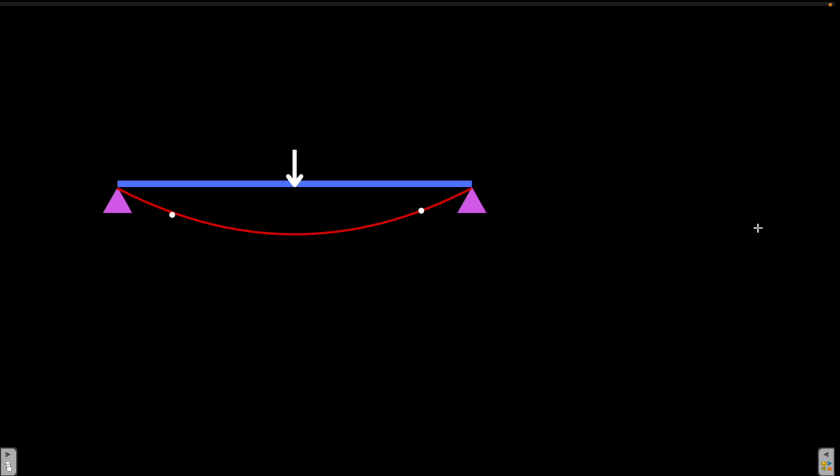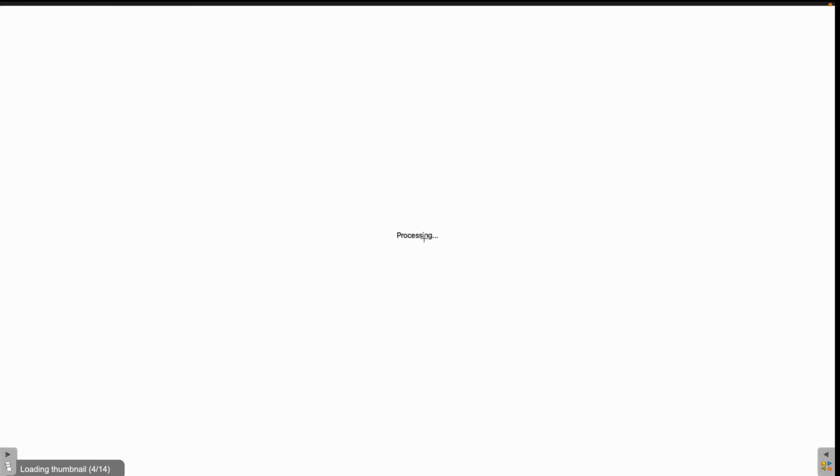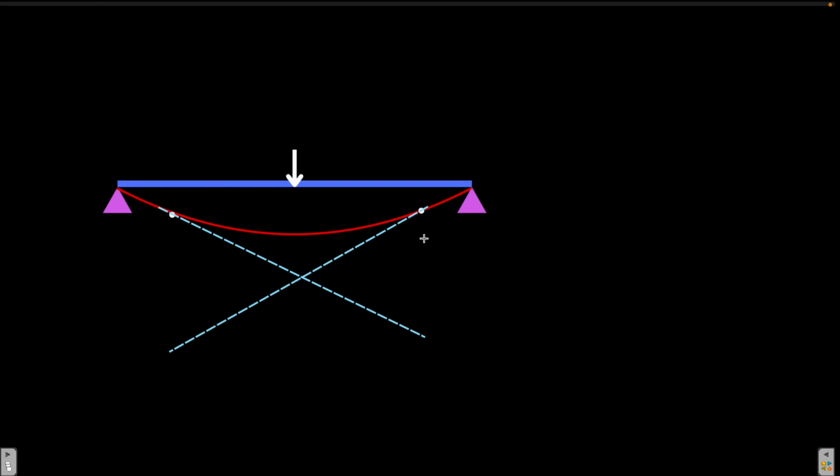Now let's take 2 points A and B on the elastic curve. If we draw 2 tangents from these 2 points, the tangents will intersect somewhat like this. Now this is point A, this is point B. The slope at point A with respect to the original beam is theta A. This is theta A. This is the horizontal line I'm trying to draw.